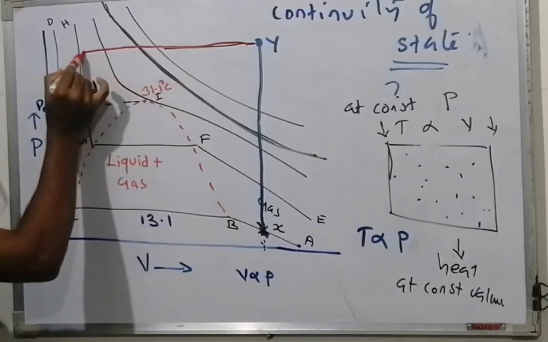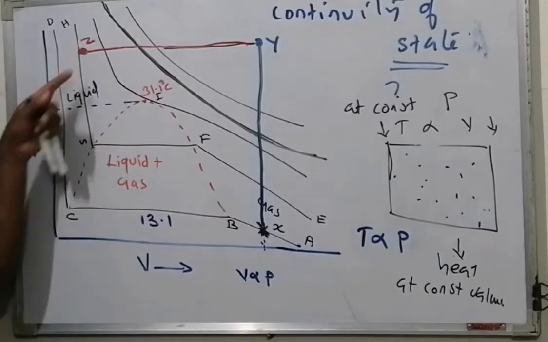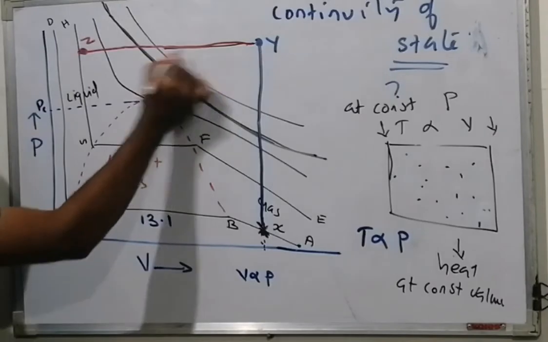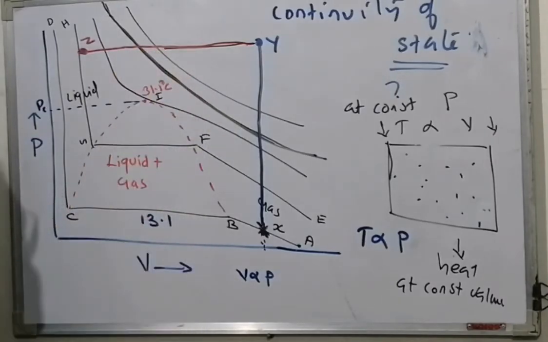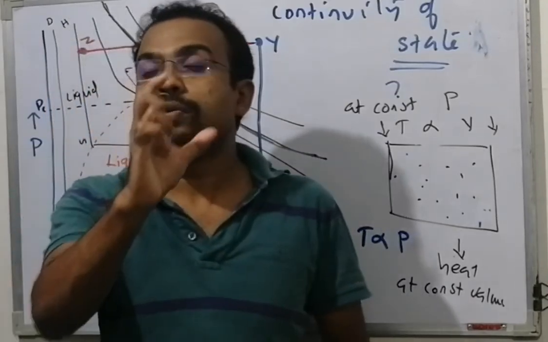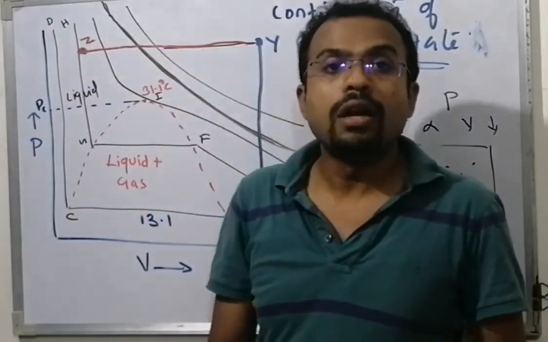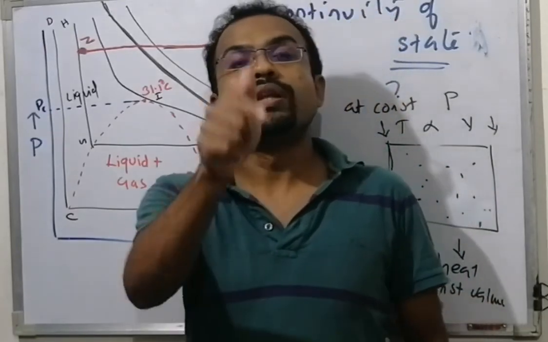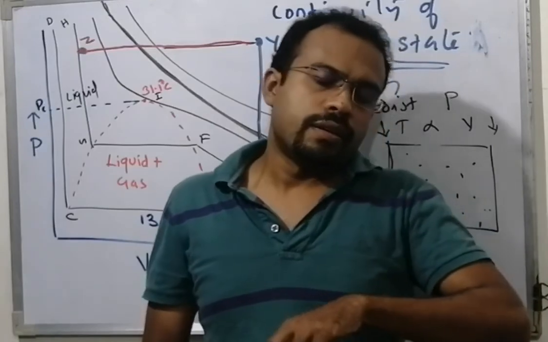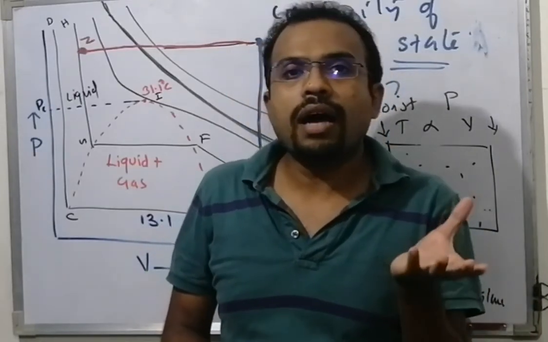You know, the volume enters this area, that is Z. In this area, what is the state? Liquid state. Along this path, the temperature decreased. At this point, when it enters this area, at point Z, all gas is converted to liquid. Therefore, in this process, without an intermediate, the gas is converted to liquid at a point.